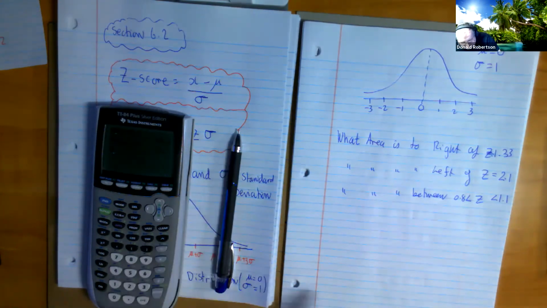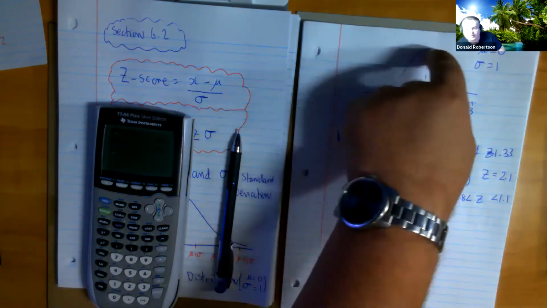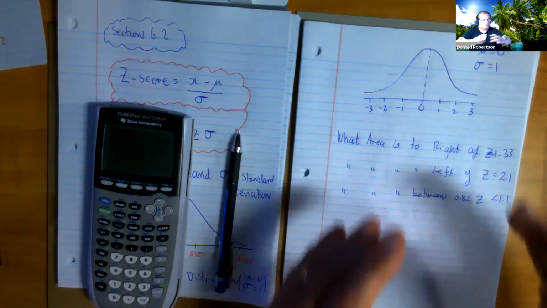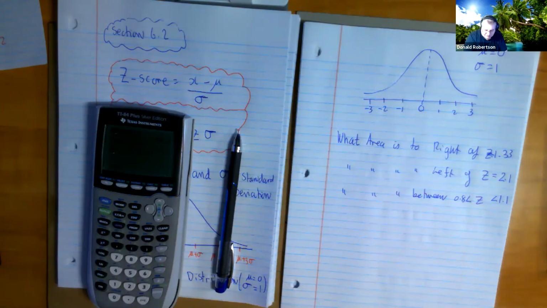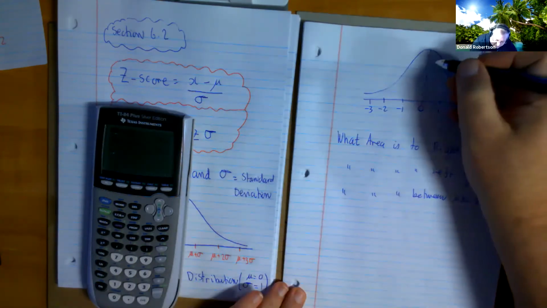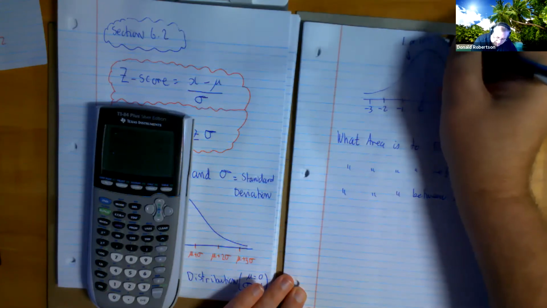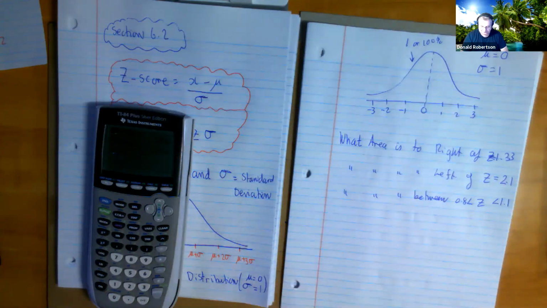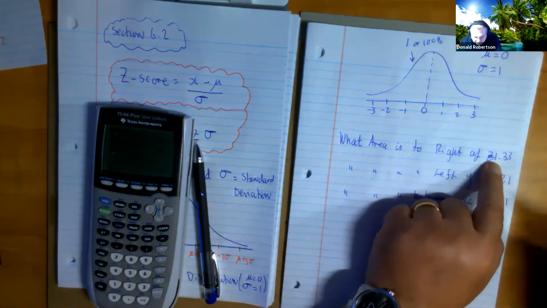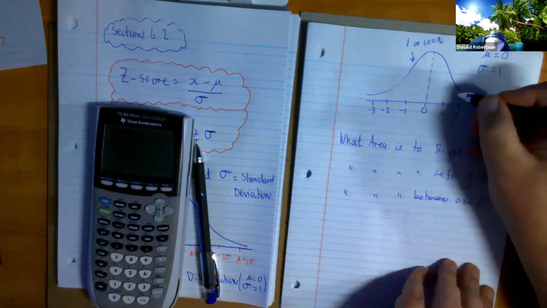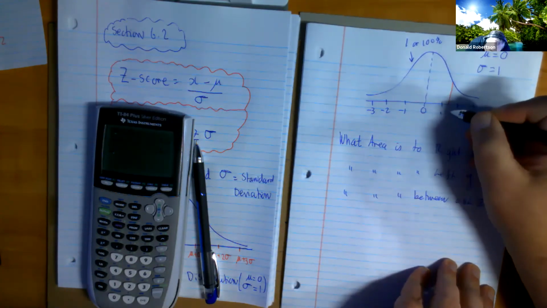So what you've got to imagine is if you looked at this shape, theoretically at least, this shape goes on forever. But the total area is just 1. Or if you want to think of it as a percentage, it's 100%. If I wanted to know the area to the right of 1.33, 1.33 is roughly about here.